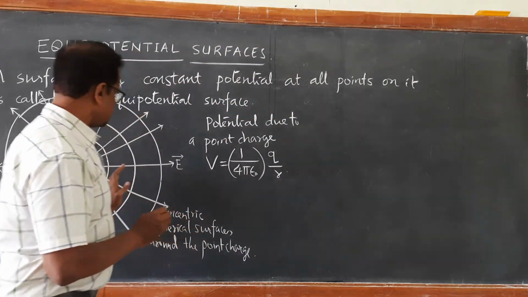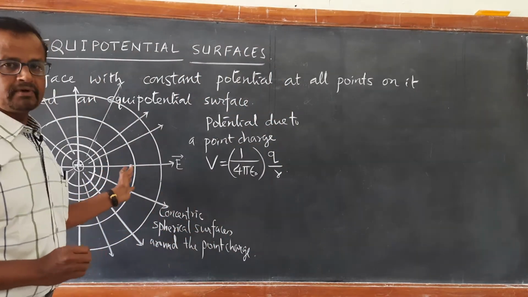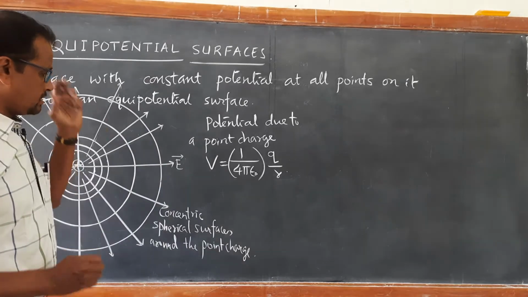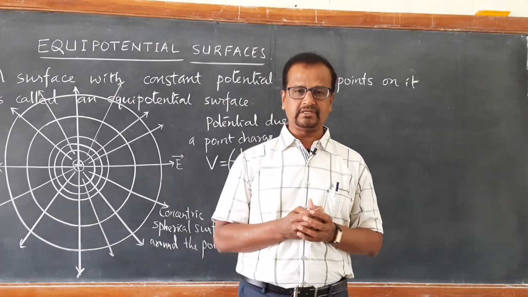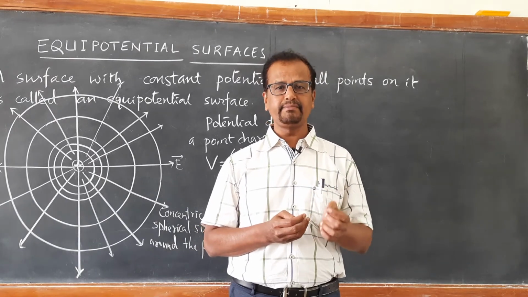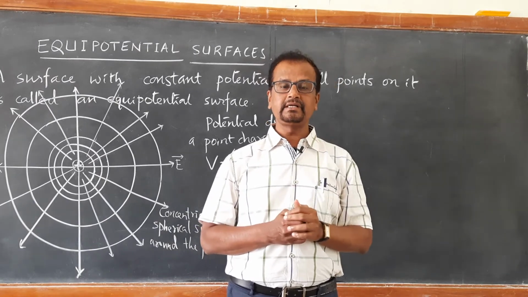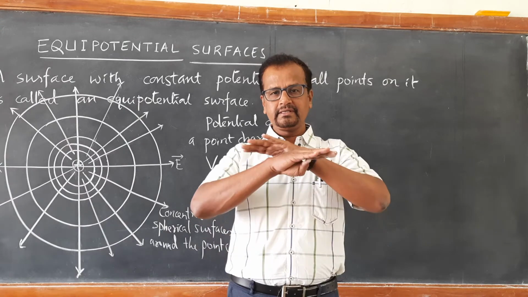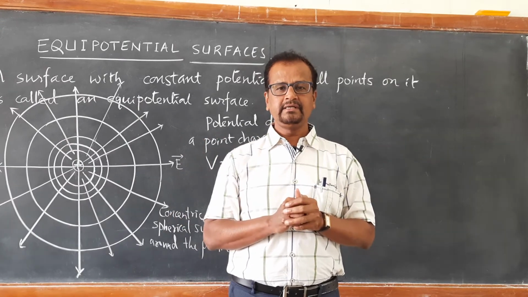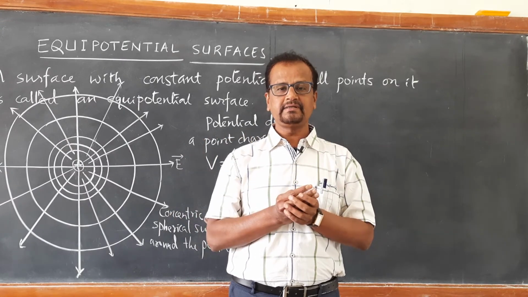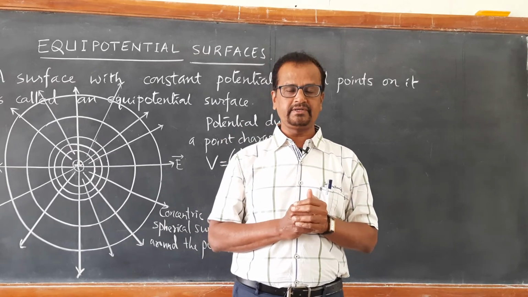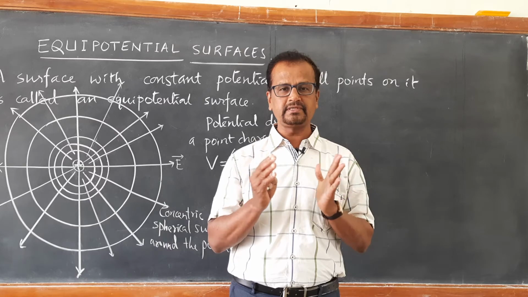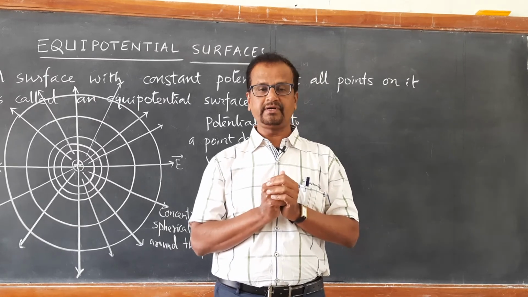So, this is the picture of equipotential surfaces for a point charge. Then we can draw equipotential surfaces for any charge configuration. The charge configuration may be a linear charge, it may be surface charge density, it may be spherical charge density, right? One can draw the equipotential surfaces for any charge configuration.